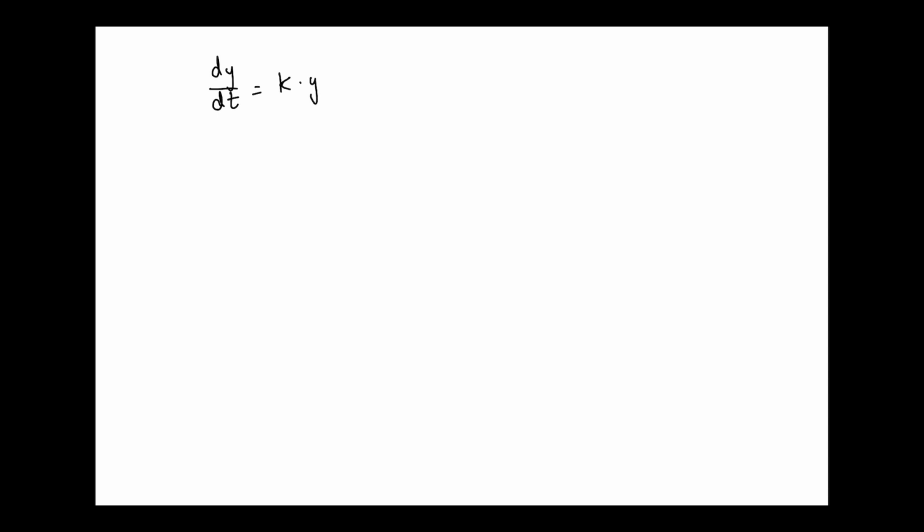Here k is a constant. So dy/dt is going to be equal to some constant k times the actual variable y itself. And the question is, what do the solutions to this thing look like?